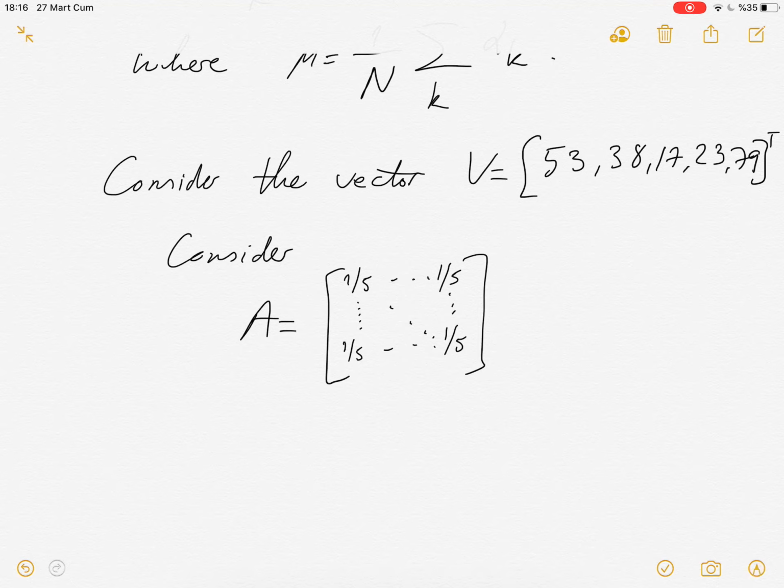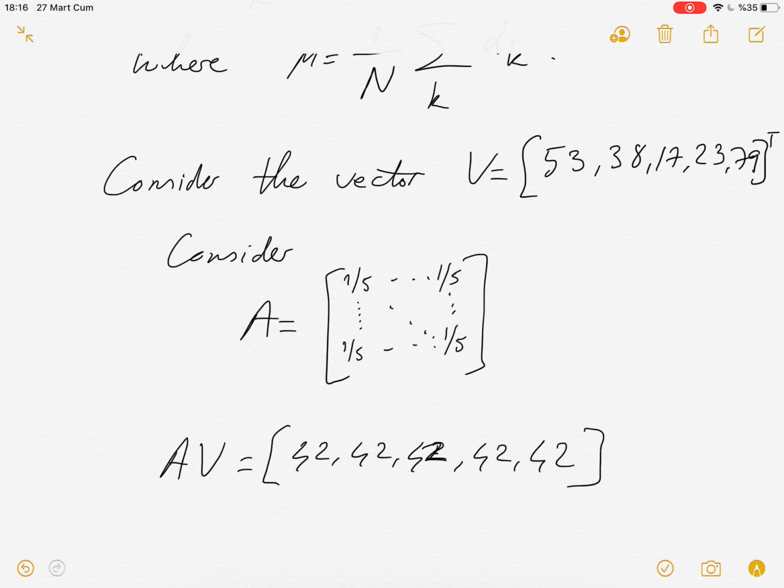If we apply A on vector V, AV will return 42, 42, 42, 42, and 42. It's actually going to take the average of all numbers in the vector.